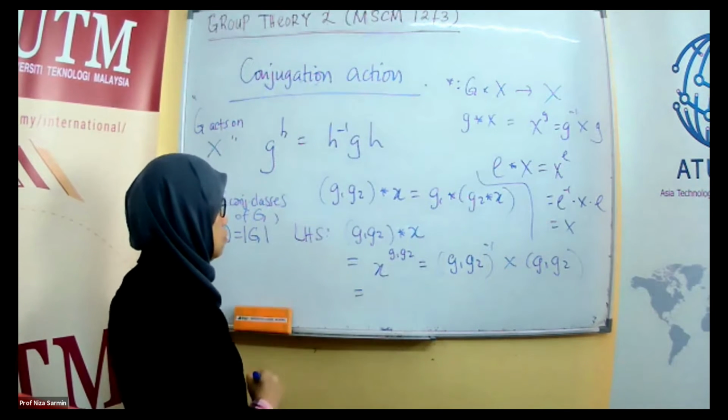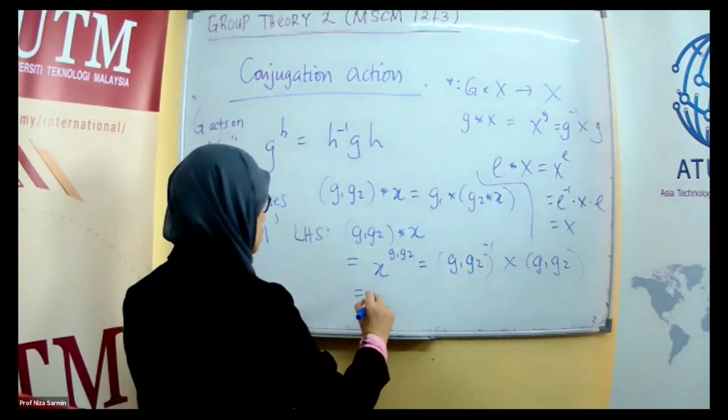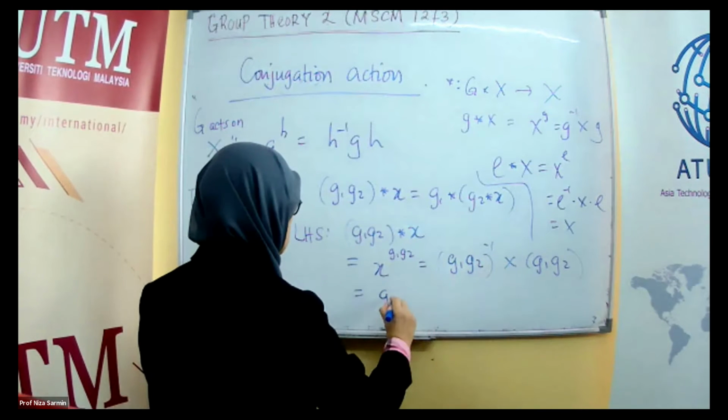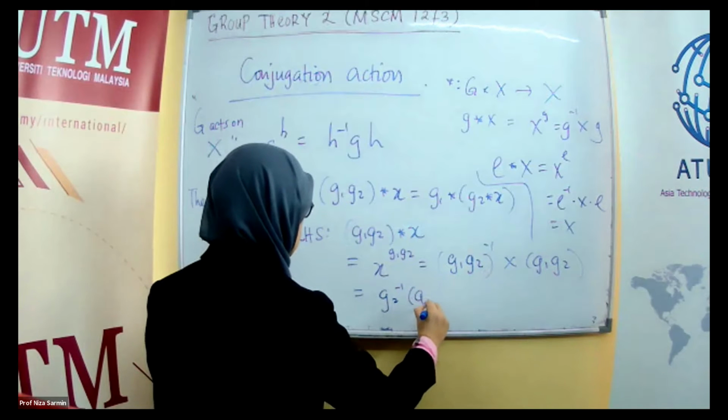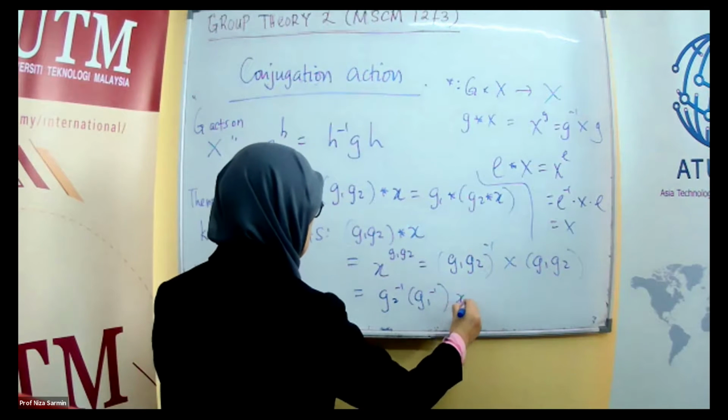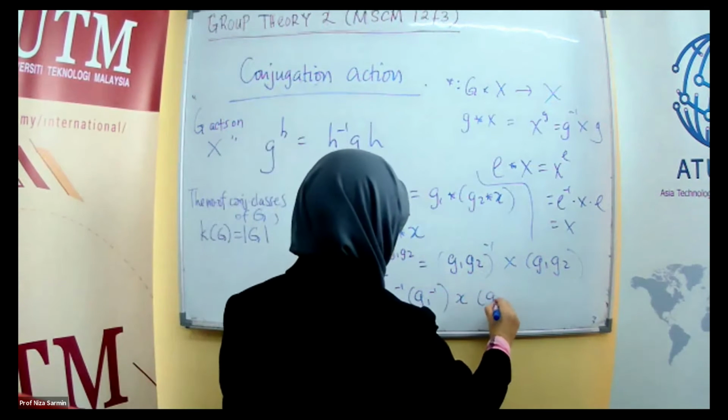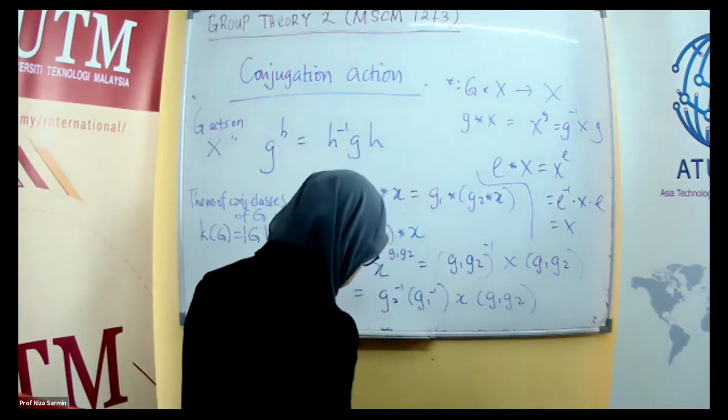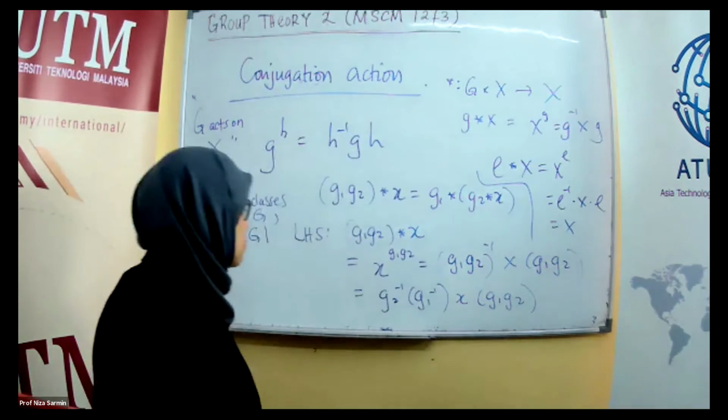Which is equal to, right, G2 inverse, G1 inverse, X, G2, G1, G2.